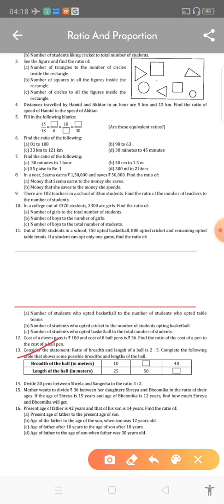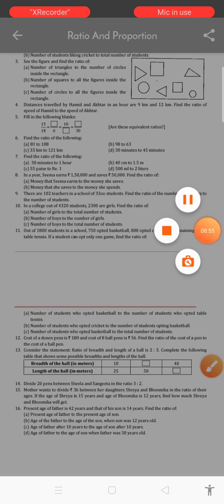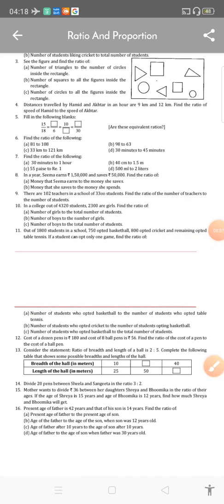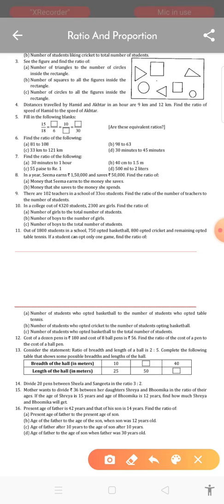Okay, so here you can see the given ratio of breadth and length of the hall is 2:5. Okay, so we complete here.